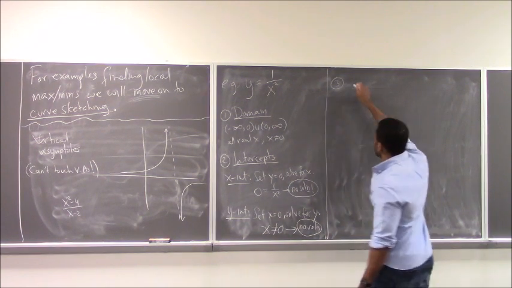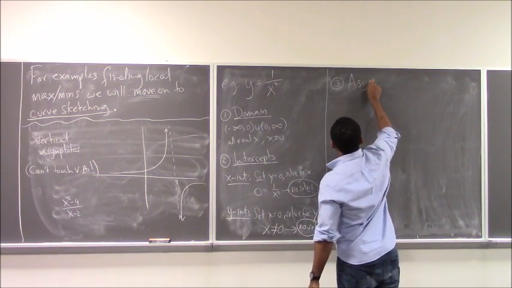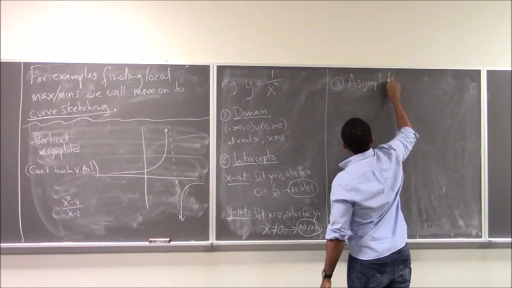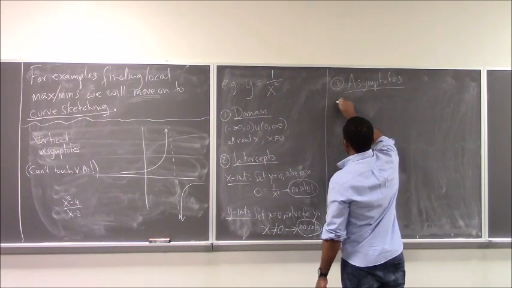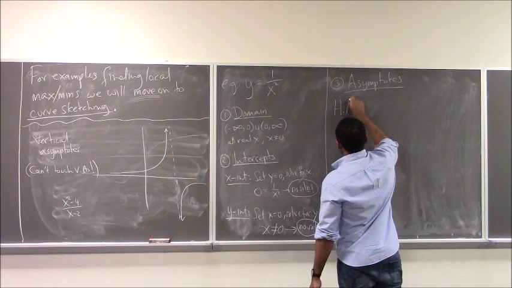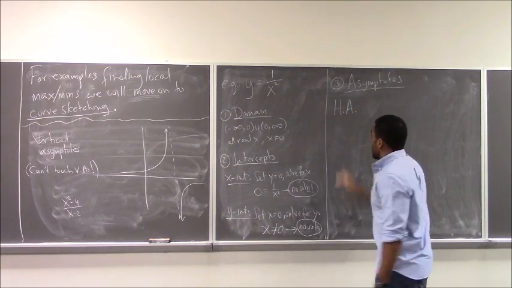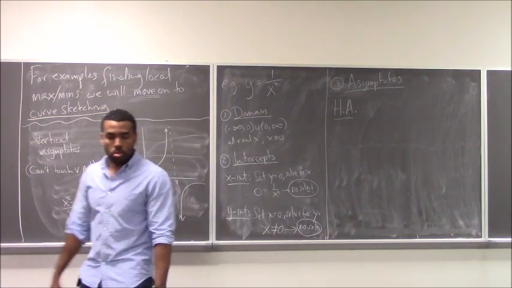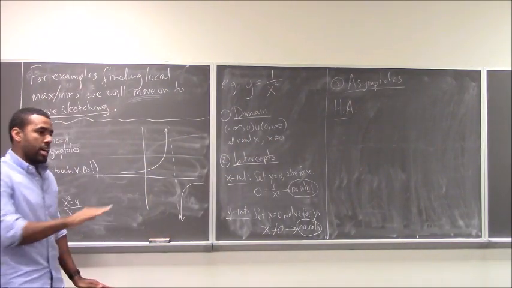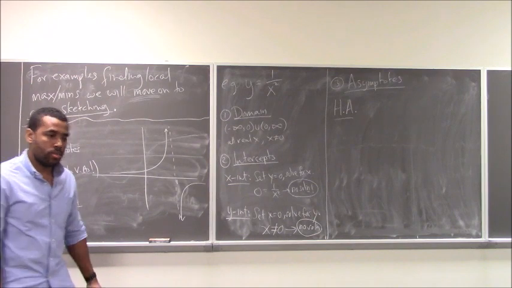Third step, we're going to look for asymptotes. Let's start with the horizontal asymptote. Now remember, horizontal asymptotes refer to the behavior of the function as you're going off to infinity or negative infinity.